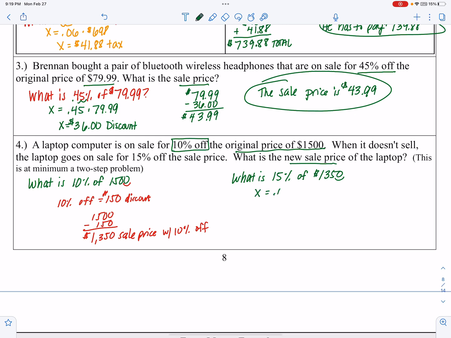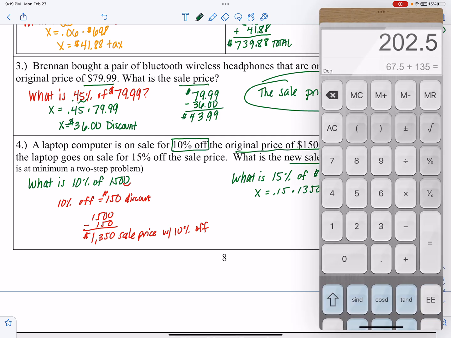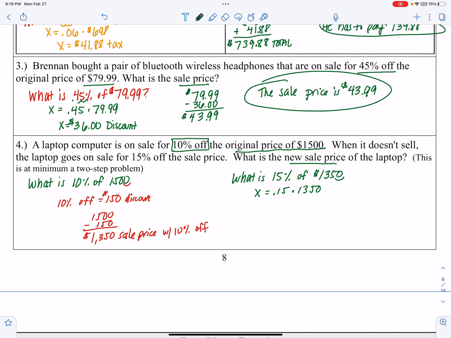X equals 0.15 times 1350. 0.15 times 1350. 202.50. Maybe that was quicker. All right. So this is the discount of 15%. Okay. So we need to go ahead and subtract that now.